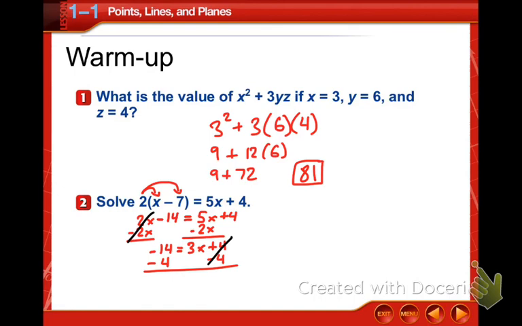If you owe somebody $14 and you take 4 more from them, then you now owe them $18, equal to 3x. And we divide by 3. So the 3's cancel, and negative 18 divided by 3 is negative, because it's negative over positive, and 18 divided by 3 is 6.